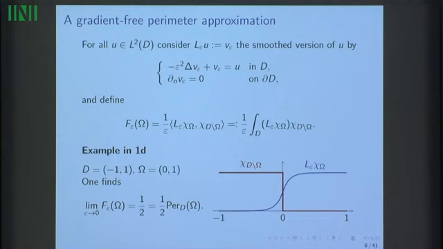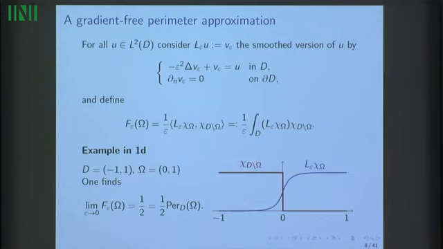In 1D, here is what happens. I take D, the interval -1, 1. I take omega as 0, 1, so this one. So chi omega is the Heaviside step function.